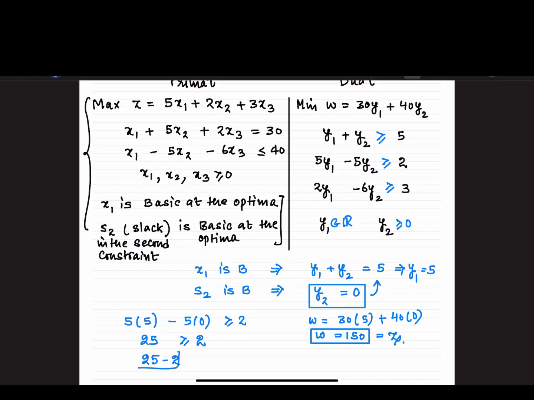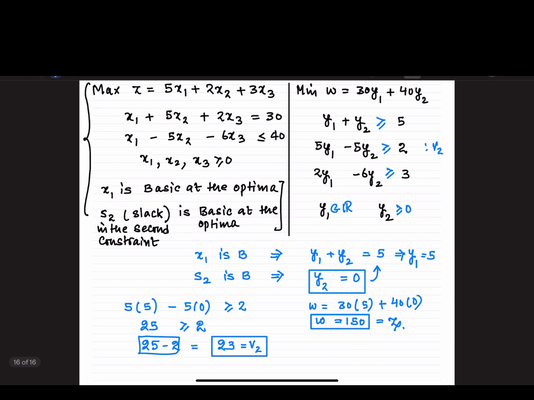So this is the surplus that you need to subtract, which is equal to 23. So let's say this 23 is equal to the surplus. इस constraint में surplus का नाम V2 दे देते हैं. So V2 is 23. What is V2? V2 is the surplus amount that you have to subtract to make this constraint equal.